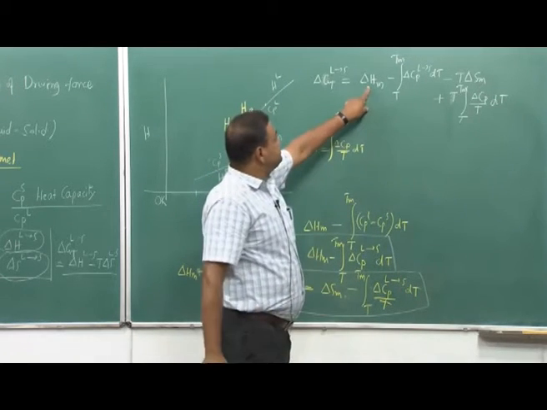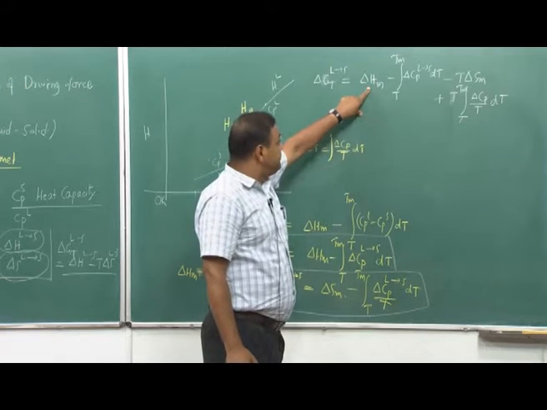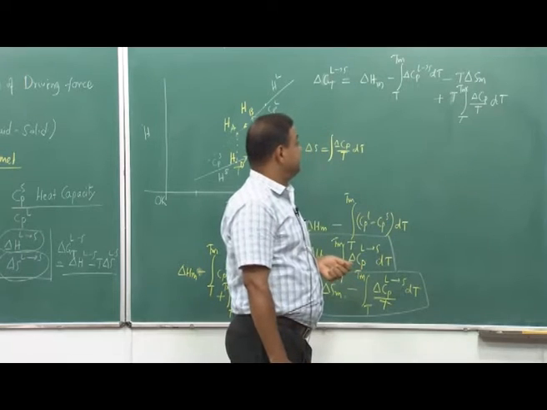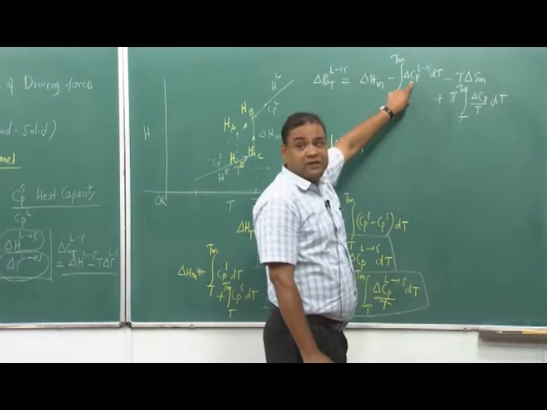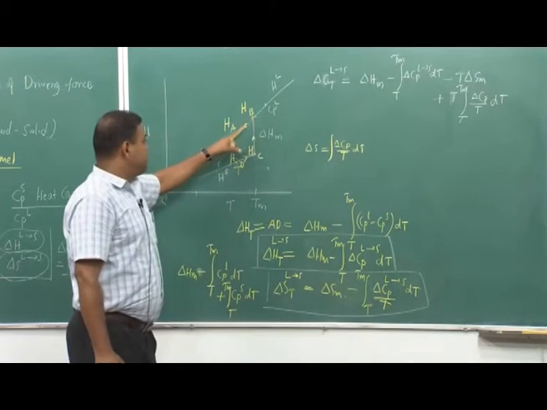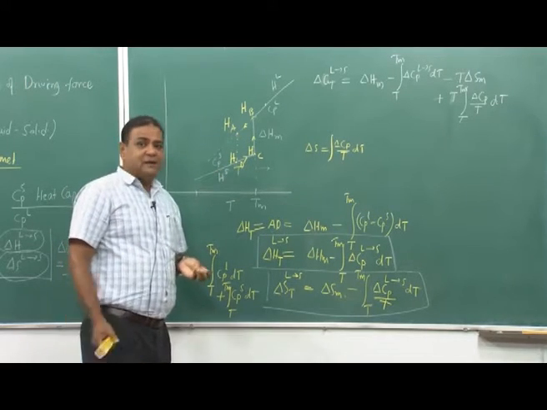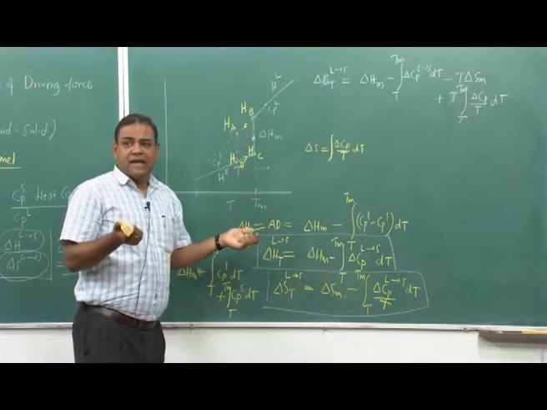Now, this is very easy to find out from experiment, which is the DSC, this is also easy to find out from DSC, but the difficulty is to find out this value. Now, we assume that the liquid remains liquid below melting point, but this is against our actual experimental evidence.